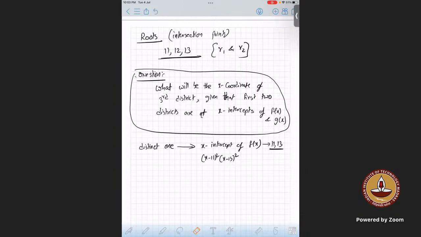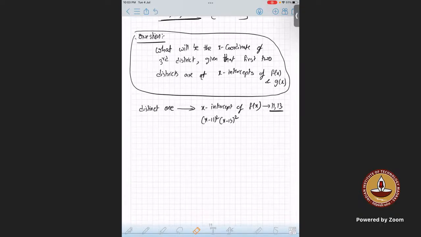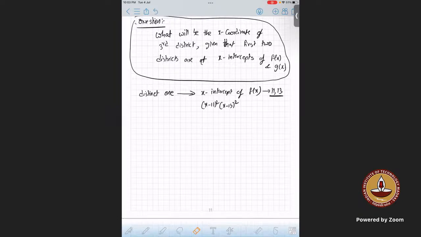Yeah, the x intercept of f of x is 11 comma 13. And for district 2, the x intercept of g of x, minus (x minus 11)(x minus 13), same 11 comma 13.